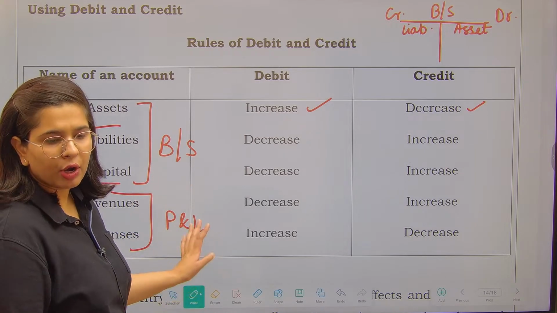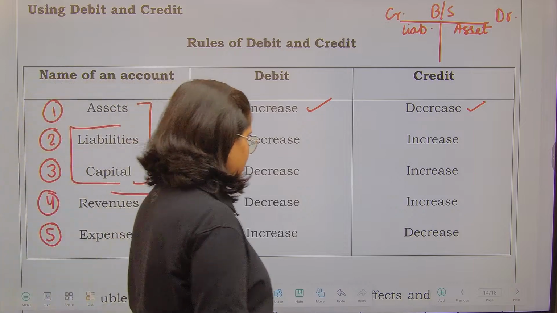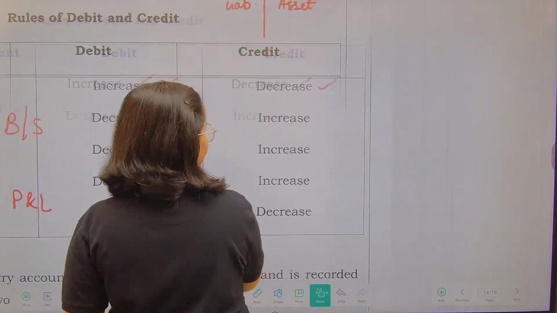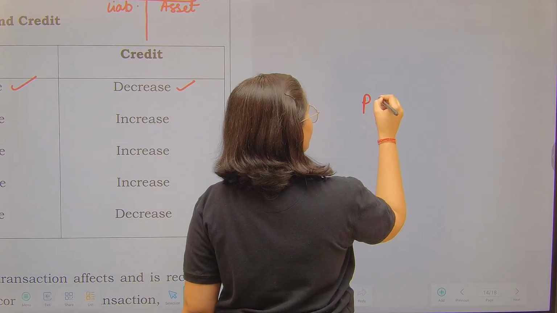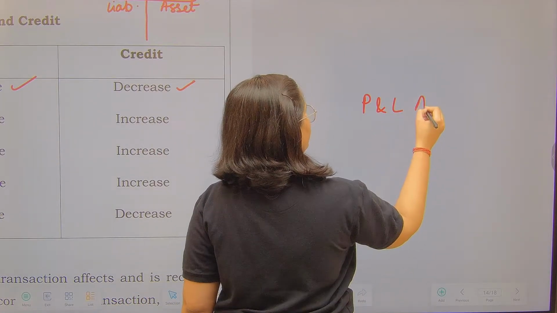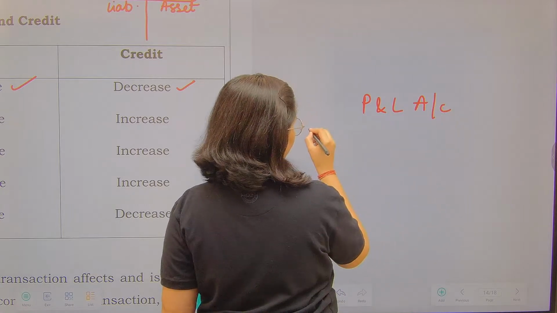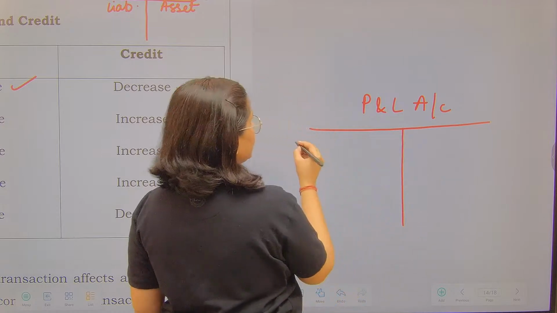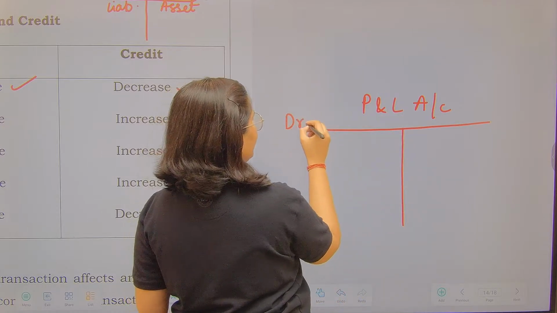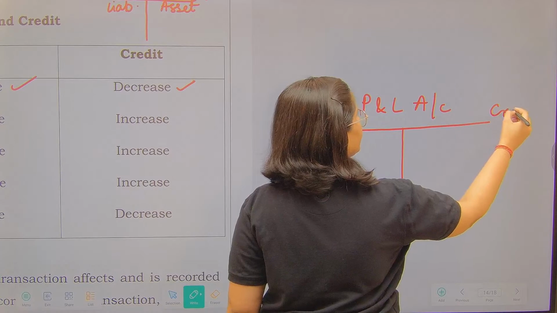So when I'm talking about P&L, how to remember this thing? See over here. This is your P&L account. This is how it is made. In your P&L account, this side is called the debit side and this side is called the credit side.